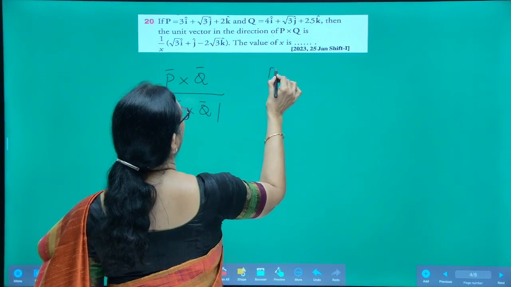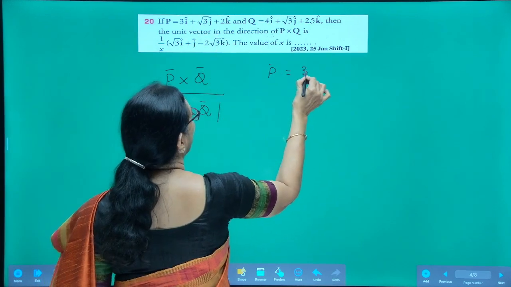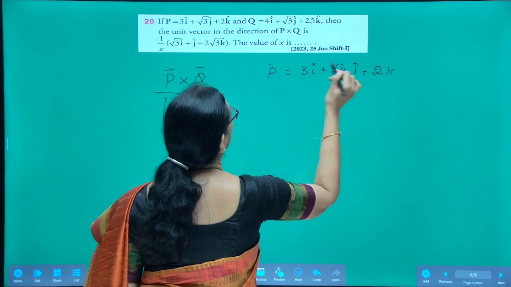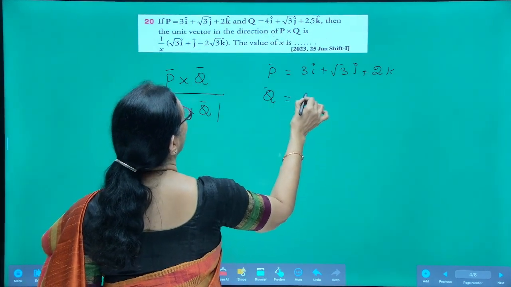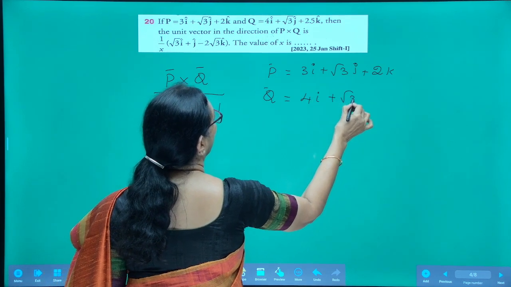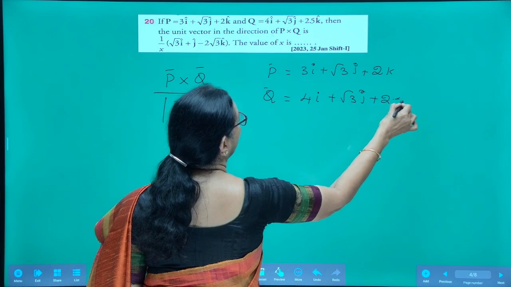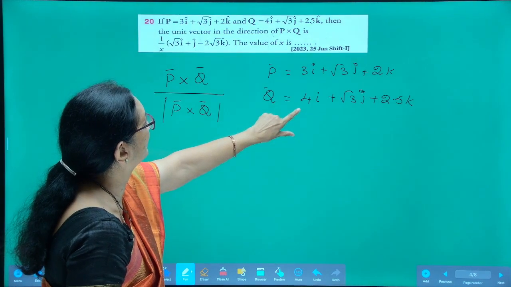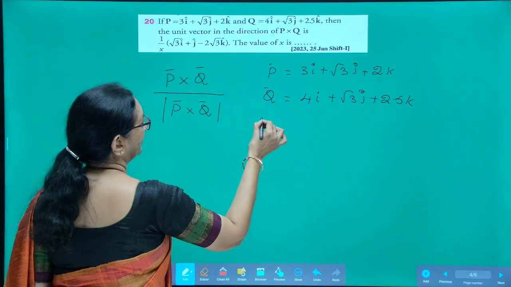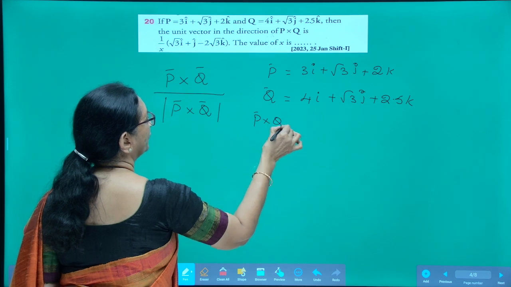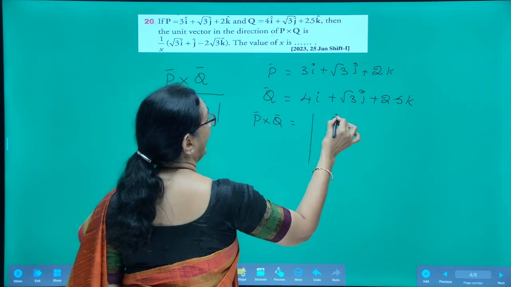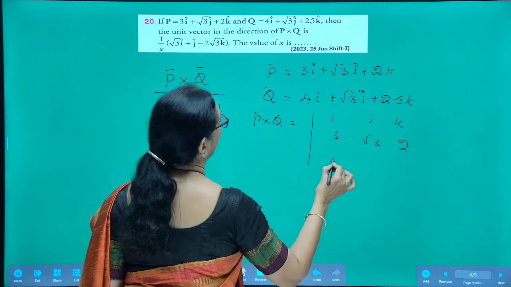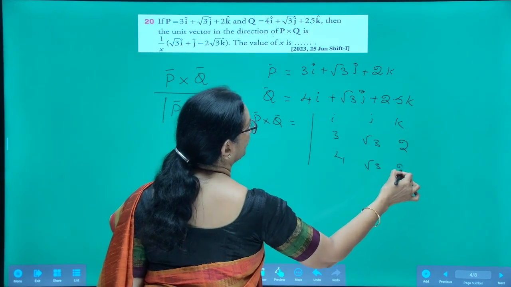Here P bar is given as 3i plus root 3j plus 2k and Q bar is given as 4i plus root 3j plus 2.5k. So, the cross product P bar cross Q bar is the determinant of i, j, k, 3, root 3, 2, 4, root 3, 2.5.